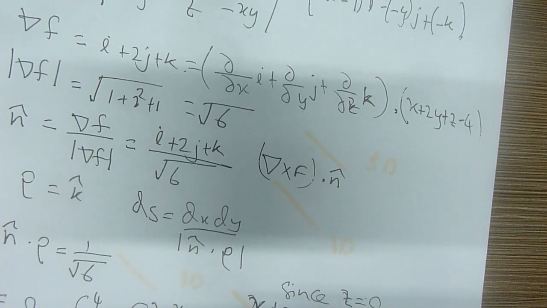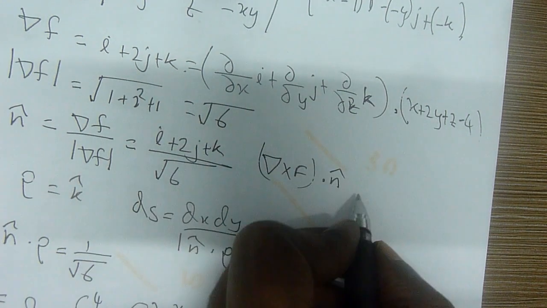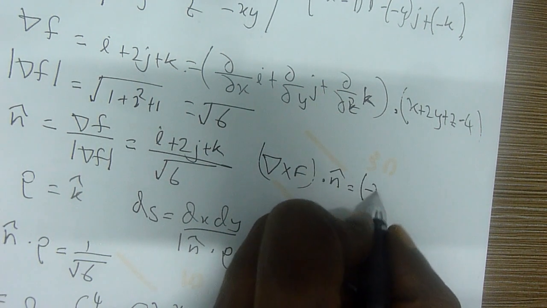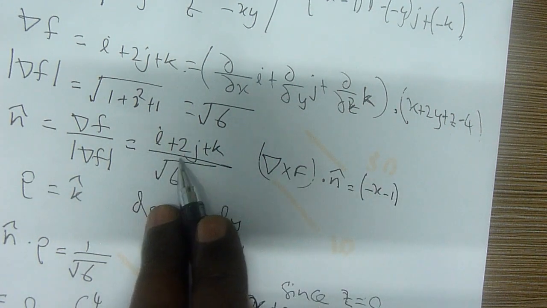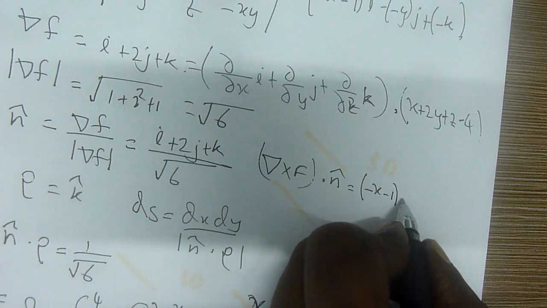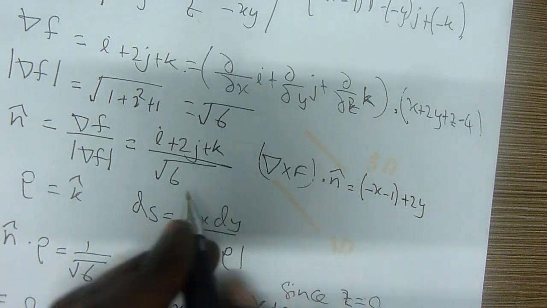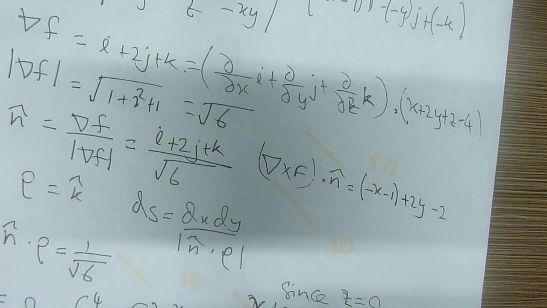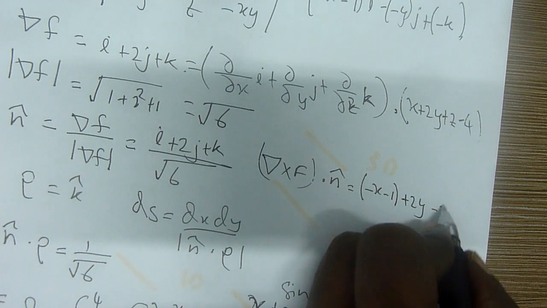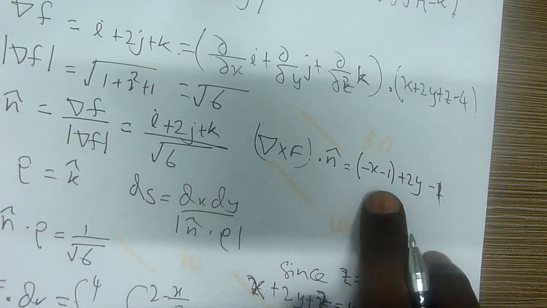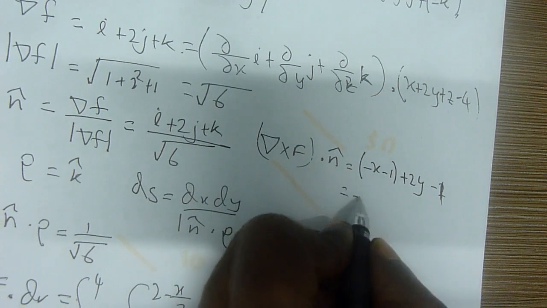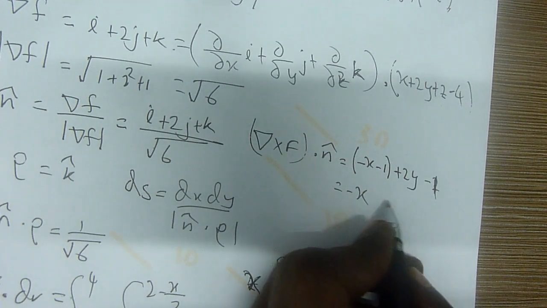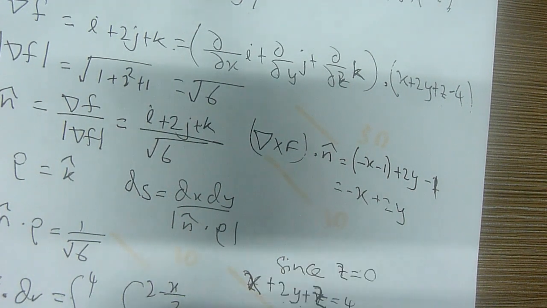You get negative x for the i, and positive 2y, and negative 2. Just open the whole thing, you get negative x plus 2y minus 2.